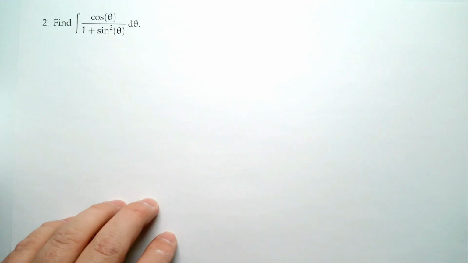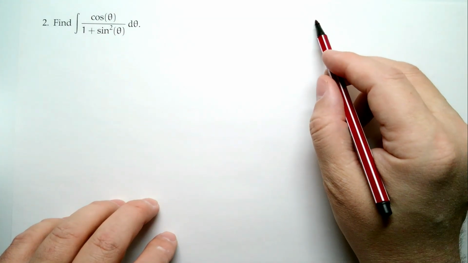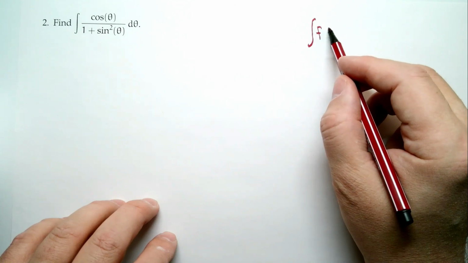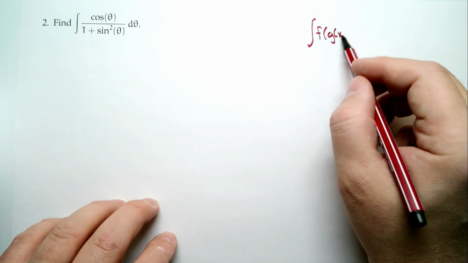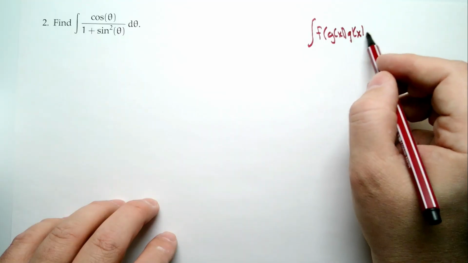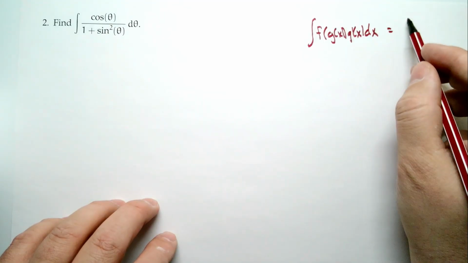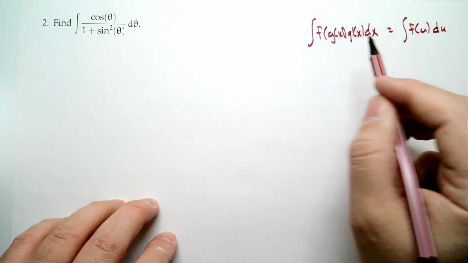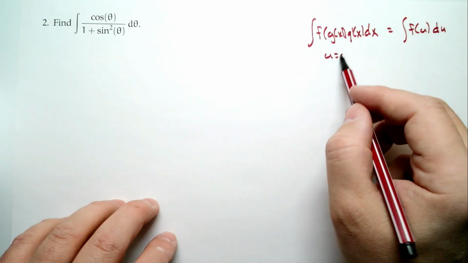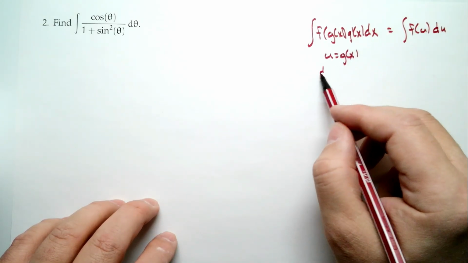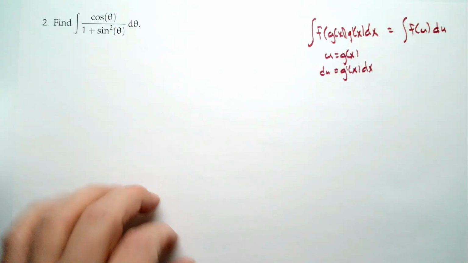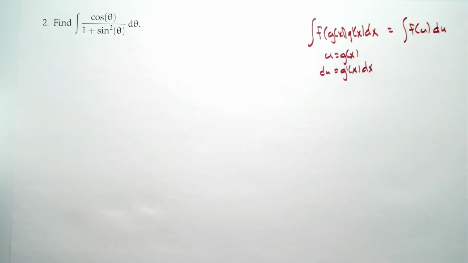Now, the reason I say I'm drawn to that is if you think about what substitution says, it says if you have something like f of g of x, g prime of x, dx, this can become the integral f of the variable u du, where u corresponds to g of x and du corresponds to g prime of x dx. So when you're looking for substitutions, there's really 2 places to look.